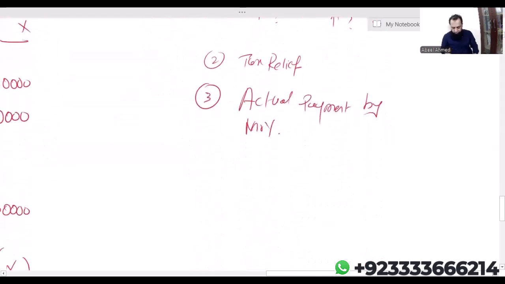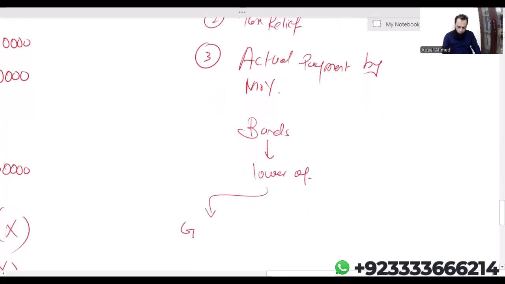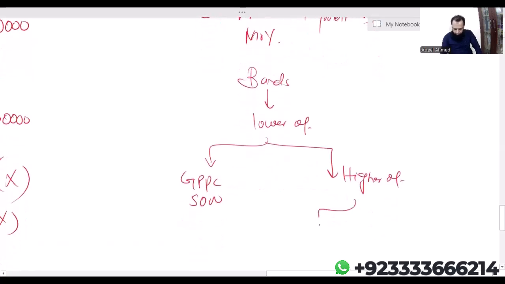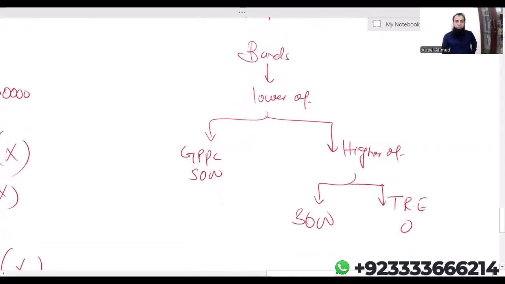Now, the bands will increase by the lower of the gross PPC, which is 5,000, and the higher of 3,600 and total relevant earnings, which is 3,600.